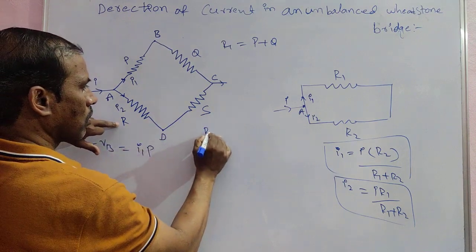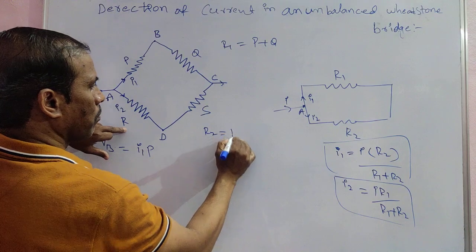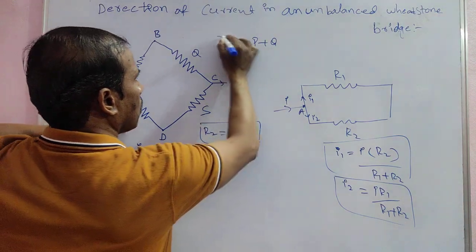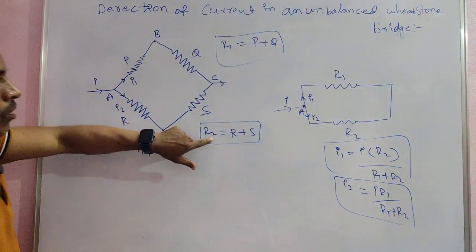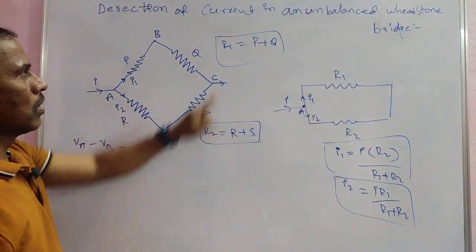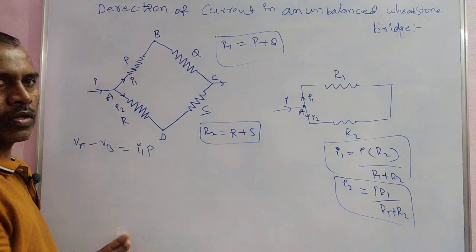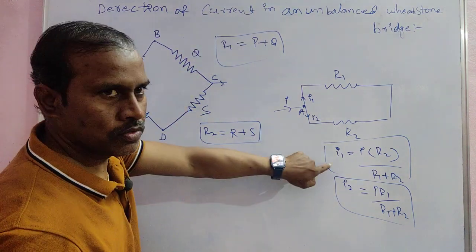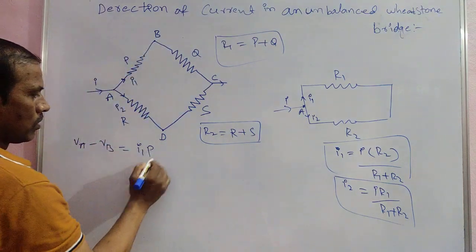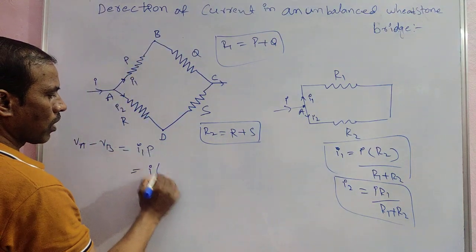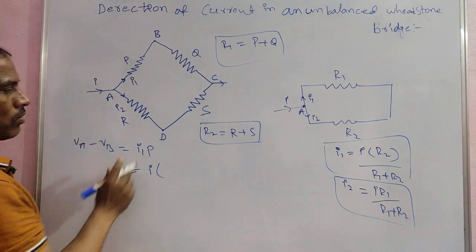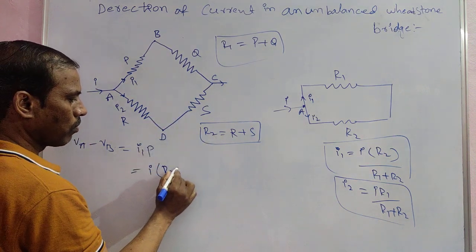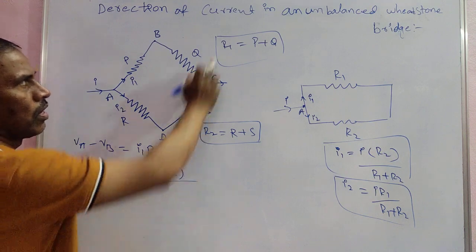So R2 is equal to R plus S. These are the two equations: R2 is equal to R plus S, R1 is equal to P plus Q. Now using the I1 formula, I1 is equal to the total current I into the opposite resistance, which is R2, by the total resistance R1 plus R2.